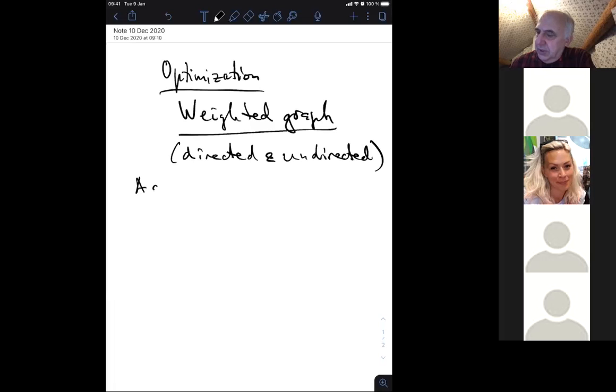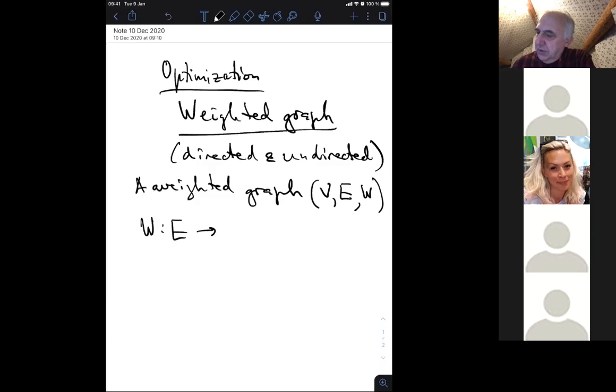So a weighted graph consists of three things: the set of vertices, the set of edges, and also a weight function, where the weight function is a map from the set of edges to positive numbers.